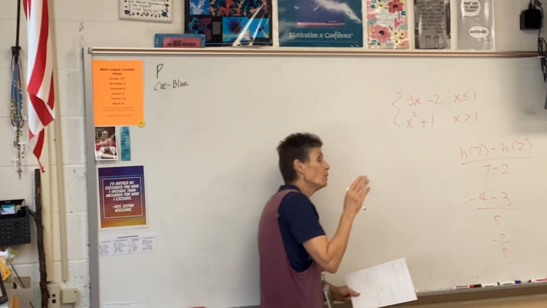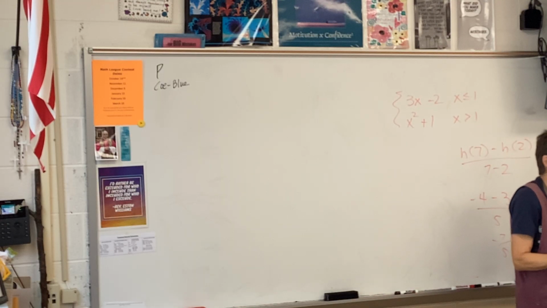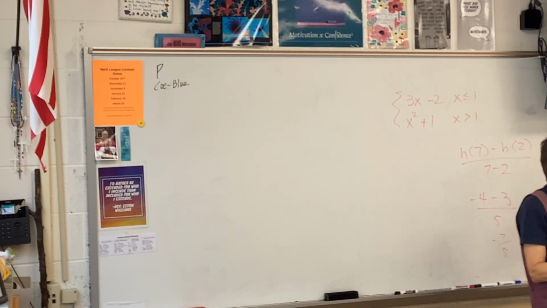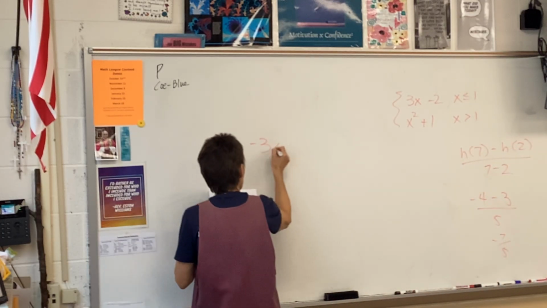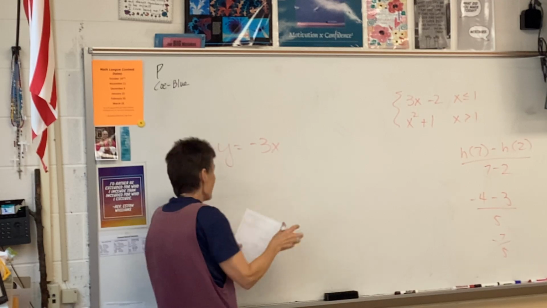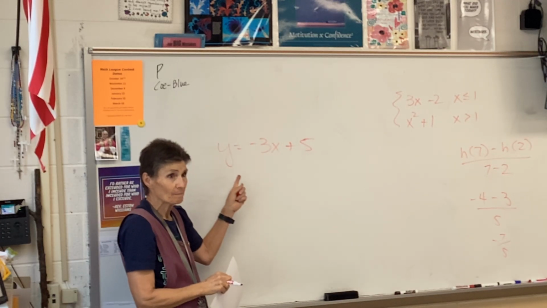Okay, so Will says this is a line. It says linear function. Average rate of change, aka slope. So I have an equation where I know the slope is negative 3 and the y-intercept is 5. Isn't that my equation?